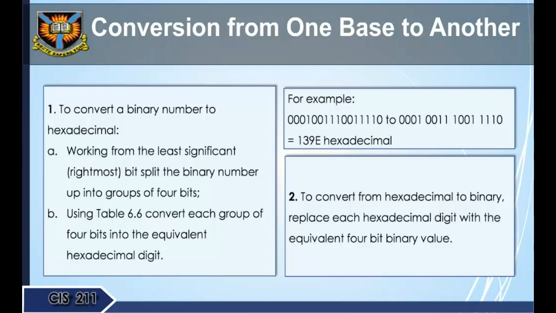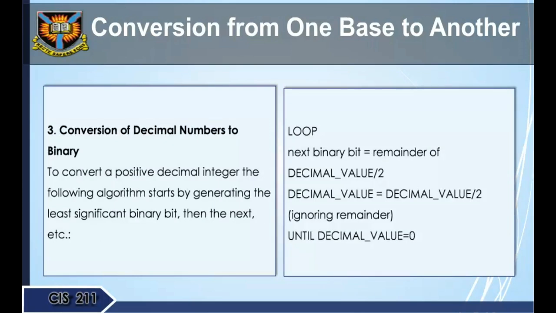For example, 000100111001 is equal to 139E hexadecimal. 2. To convert from hexadecimal to binary, replace each hexadecimal digit with the equivalent 4-bit binary value.